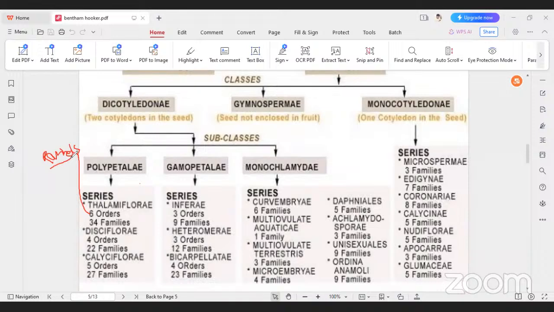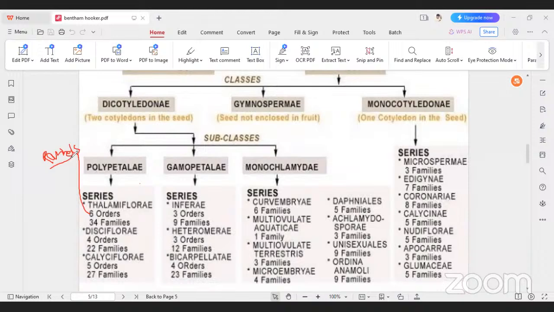Third order, Polygalineae. Fourth order, Caryophyllineae. Fifth order, Guttiferales. Sixth order, Malvales. So these are the 6 orders. In the examination, you should write the series name, Thalamiflorae, and also the characters: flat or elongated thalamus. If possible, write the names of the 6 orders, but not the characters of the orders.